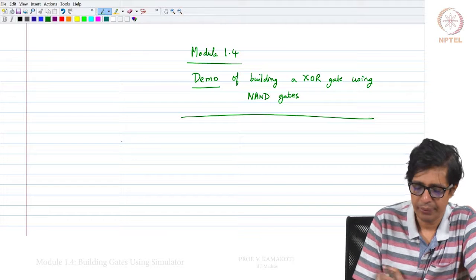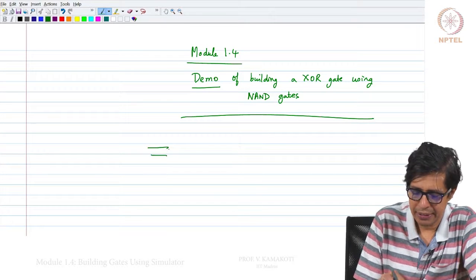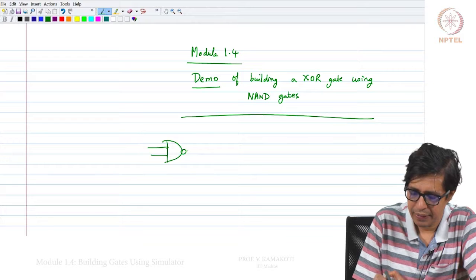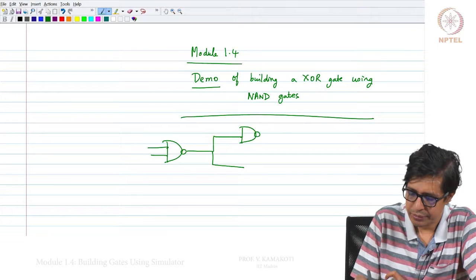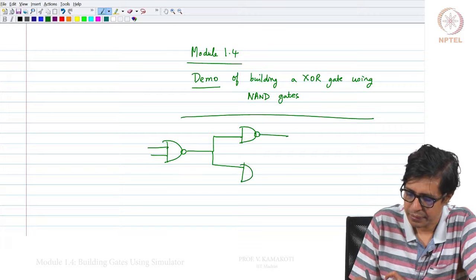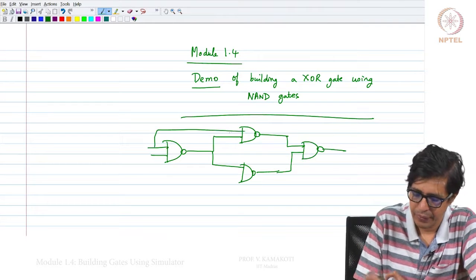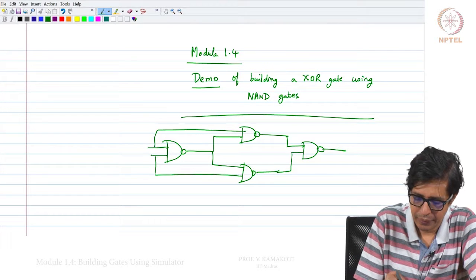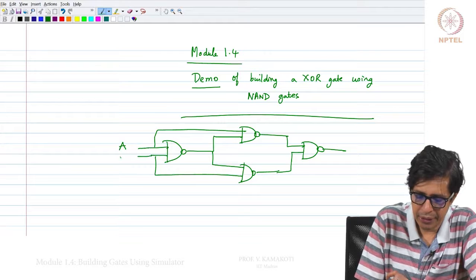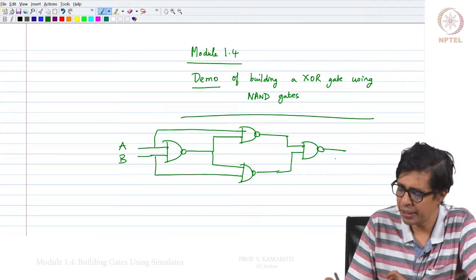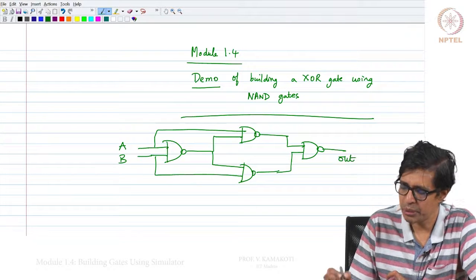Now, we know that this is how the circuit looks. Let me assume that A and B are the inputs and out is the output.